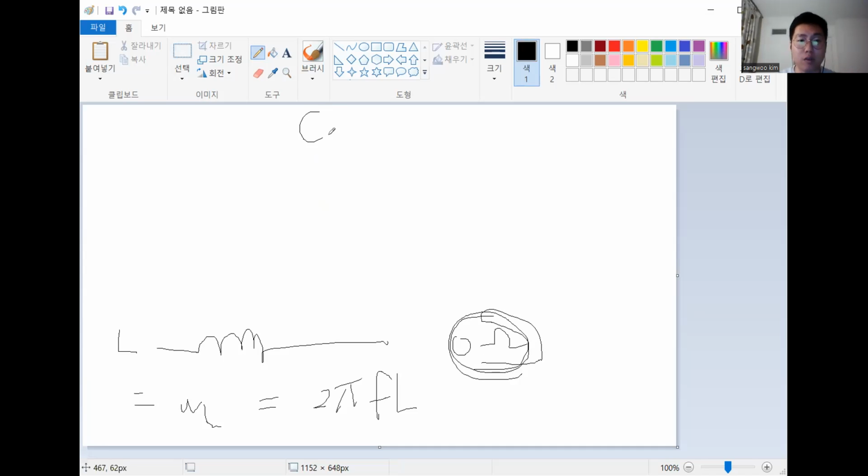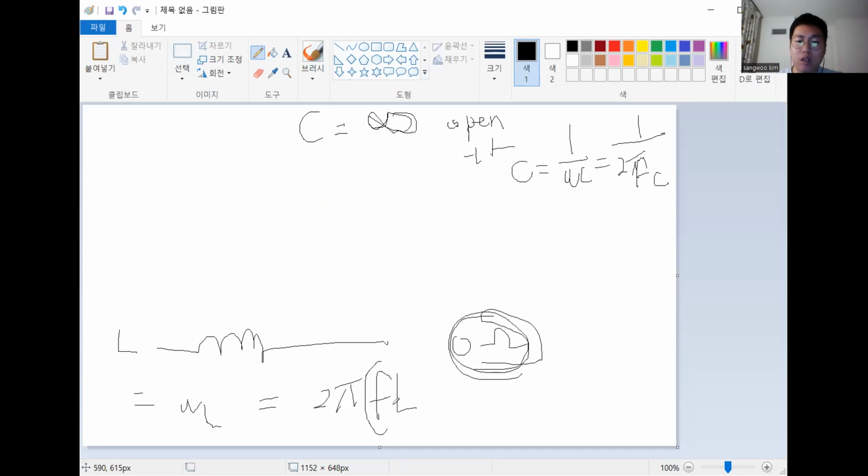But instead, C, look at it here, it's infinite, open circuit, right? Open. So which means C is 1 over omega C, and 1 over 2 pi f C.